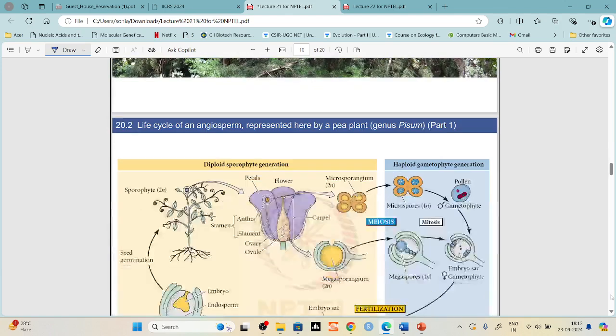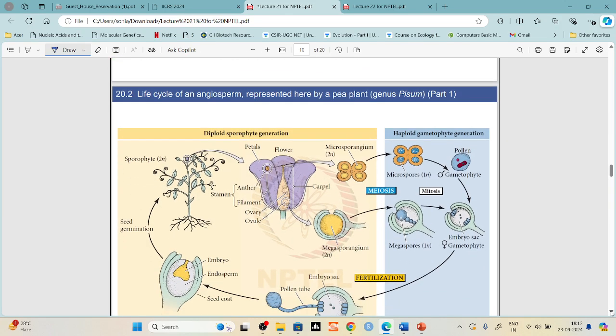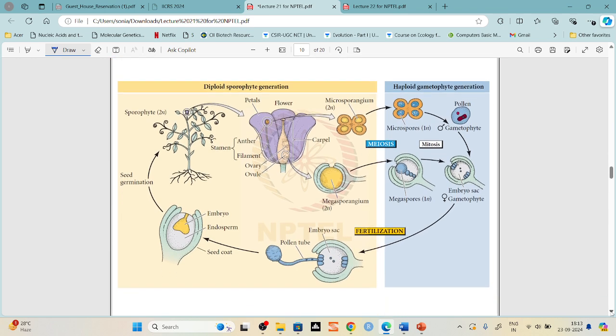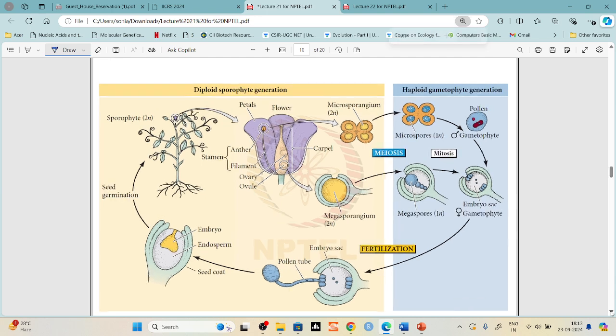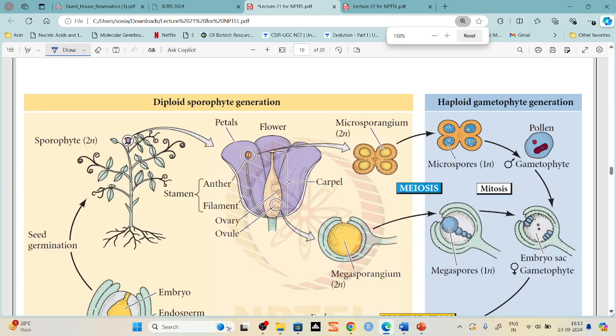Then if we see here, this is a figure. Let me just zoom it. So this is a figure that shows both male and female reproductive systems of a plant. So if you see, this is a flower.